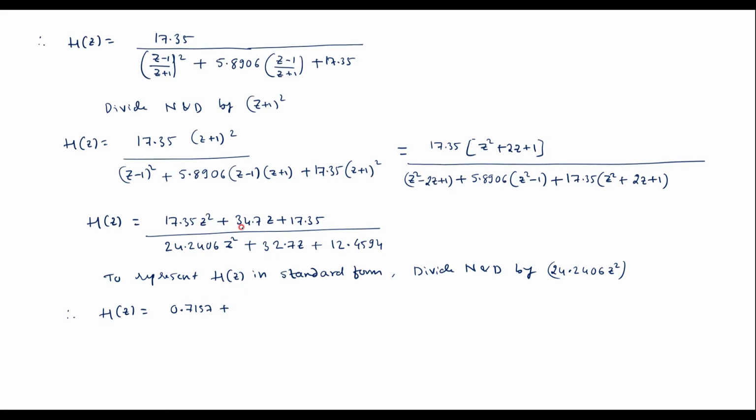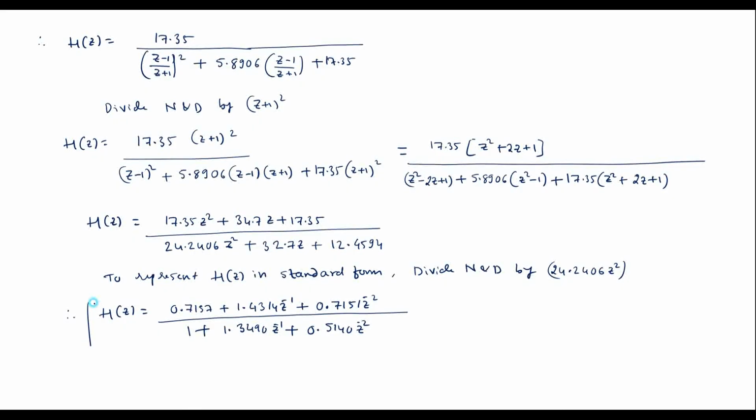0.7157 plus 34.7 z divided by this term gives 1.4314 z inverse plus, here we get 17.35 divided by this term gives 0.7151 z power minus 2, divided by, here we have 1 plus this term divided by this gives 1.3490 z inverse plus this term divided by this gives 0.5140 z power minus 2.